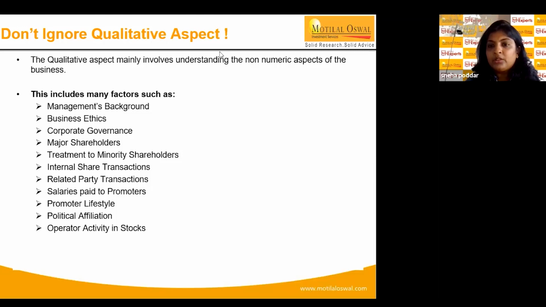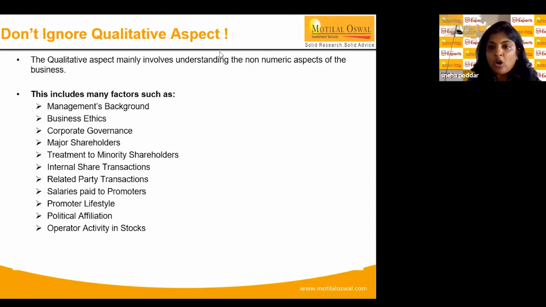There would be three different segments: the mass segment, the premium segment, and the mid segment. For them, what has been the volumes? You'll have to project the volumes and how the pricing has been. You'll have to take a call on the pricing, whether they'll enjoy better pricing or see pricing pressure, and take a call on the volume. Once you take a call on pricing and volume, you'll get the revenue.